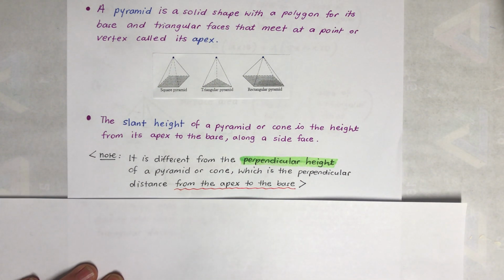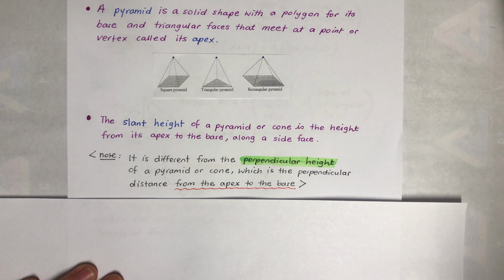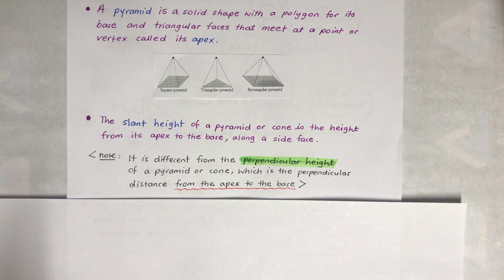So it's different to the normal height, which we call the perpendicular height. That's from the apex straight down to the base, not along a side face. It's straight down from the top to the bottom, whereas a slant height is along the face.